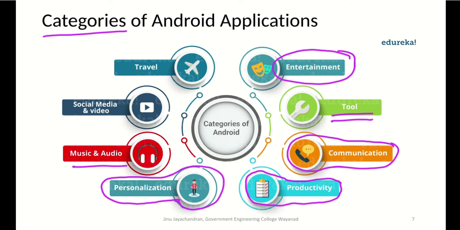Music and audio, like Gaana, Raga, and different music applications that are available in Android. Social media and video, that is Facebook, WhatsApp, etc. And travel, like Make My Trip, Cleartrip, etc. IRCTC is another one, and almost all the local governments have their own apps for buses, timings, etc.